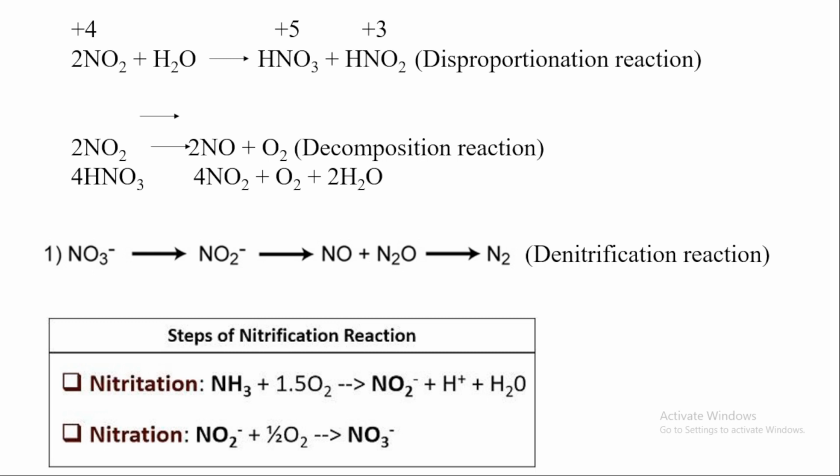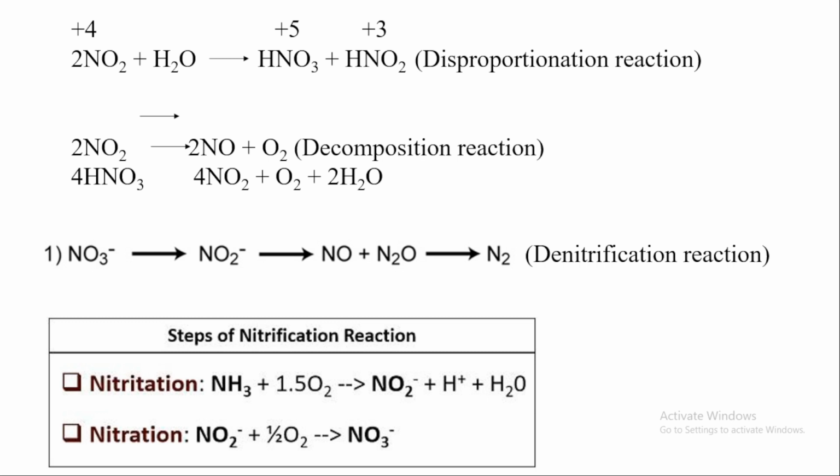So if 3 oxygens have -6 oxidation state, that will give the nitrogen +6. But this hydrogen has +1 oxidation state, so that will give the nitrogen -1. So +6 -1 will be +5. Okay. So in HNO3, the oxidation state of nitrogen is +5.